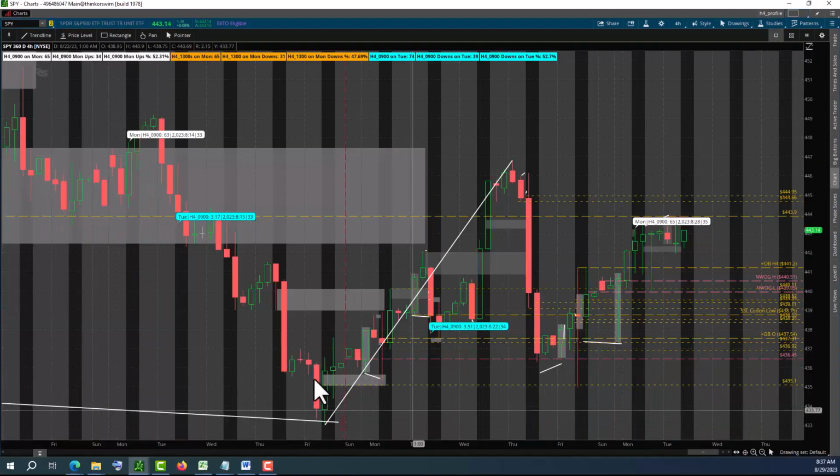We see the long setup right here, order block, and then retest right here, retest right here, and retest right here. Also, we have a short setup right here, order block, follow up, and retest. So it's basically in a range right here.